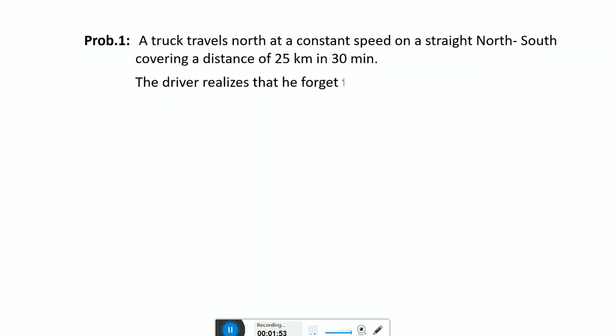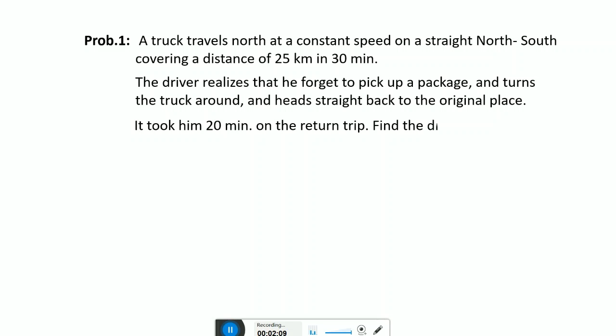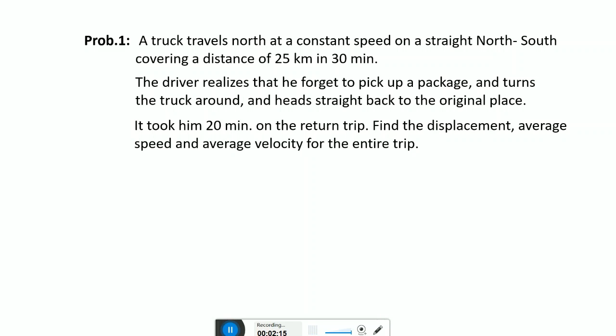The driver realizes that he forgot to pick up a package and turns the truck around and heads straight back to the original place. It took him 20 minutes on the return trip. Find the displacement, average speed and average velocity for the entire trip.